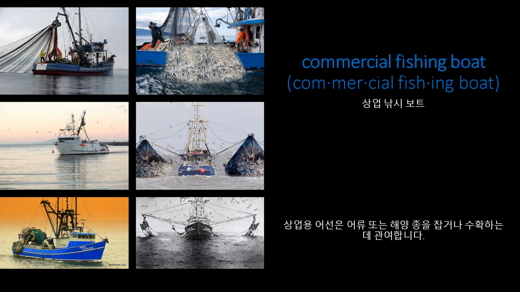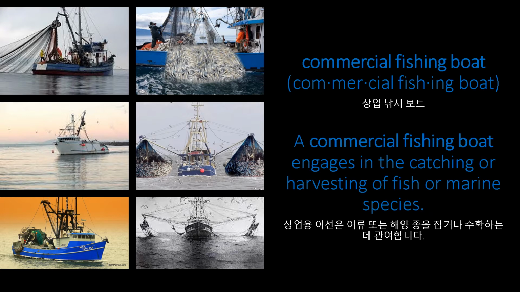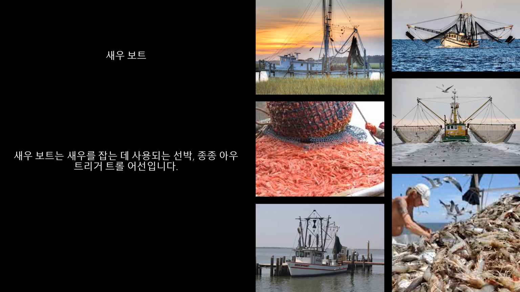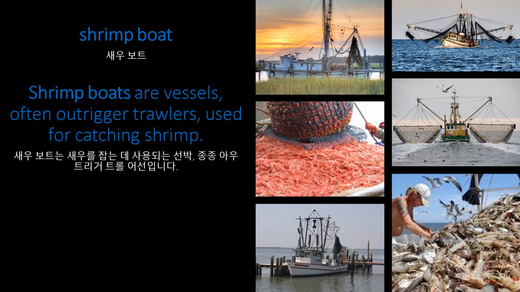Commercial fishing boat. A commercial fishing boat engages in the catching or harvesting of fish or marine species. Shrimp boat. Shrimp boats are vessels, often outrigger trawlers, used for catching shrimp.